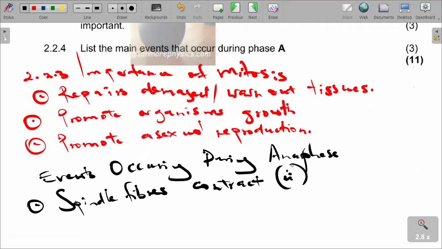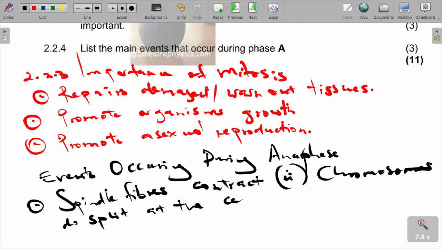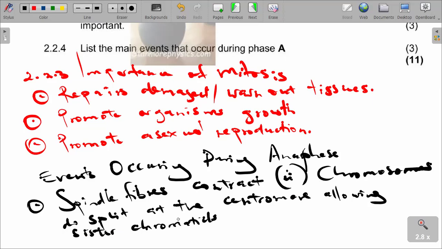The chromosomes split at the centromere, allowing the sister chromatids to pull apart.